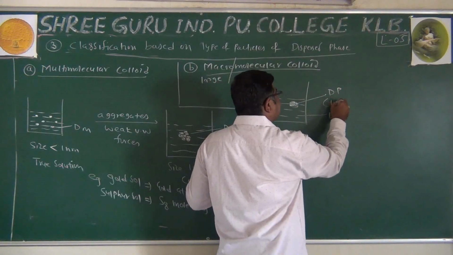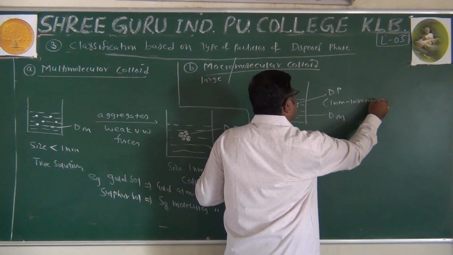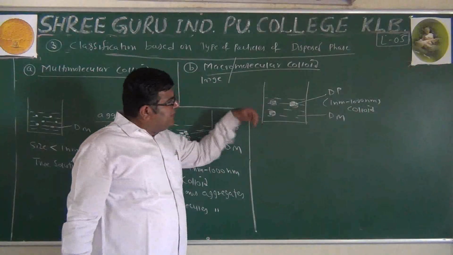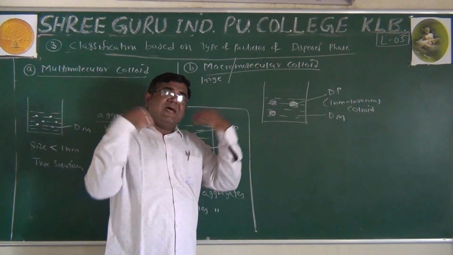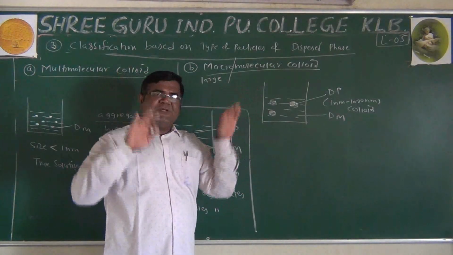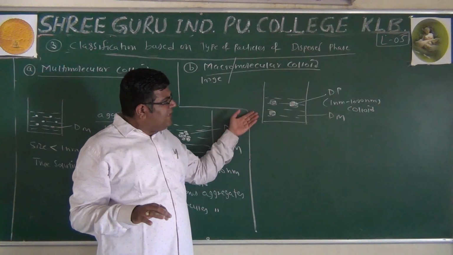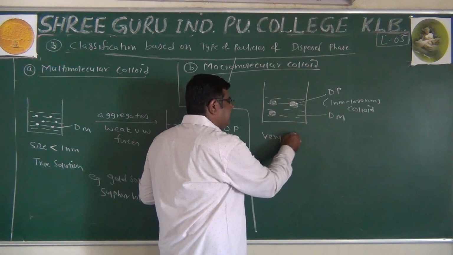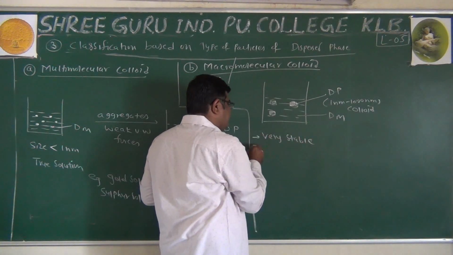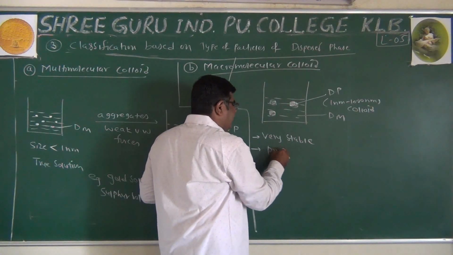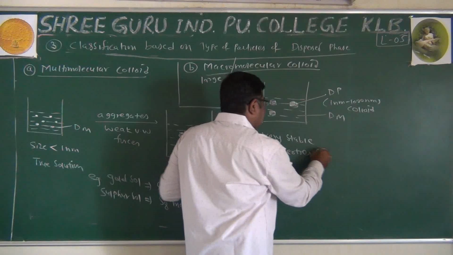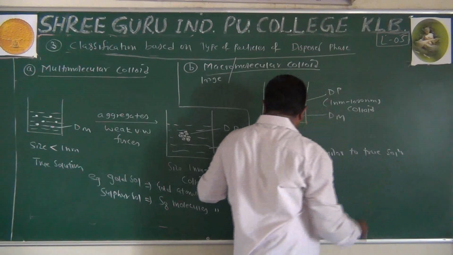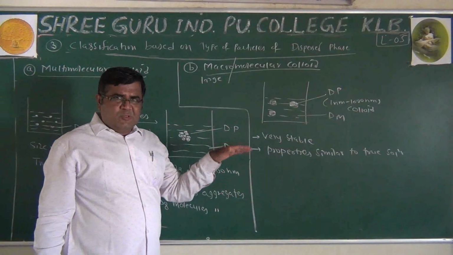And they have size 1 nanometer to 1000 nanometer, so they are colloidal. So the particles themselves are colloidal, they are not aggregating. Themselves they are bigger and they are dispersed. So it is just like solute and solvent. So we can say that it is very stable because it is a kind of solution, and the properties are similar to a true solution, that is, to the solute and solvent.